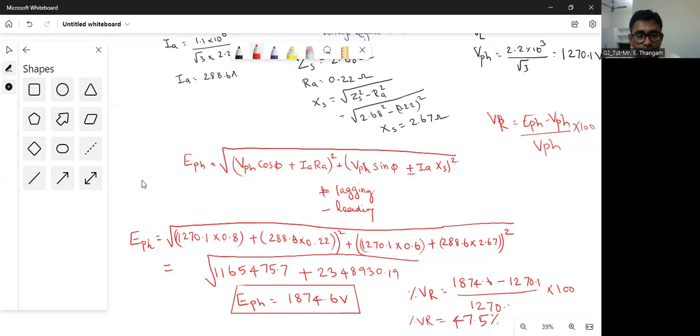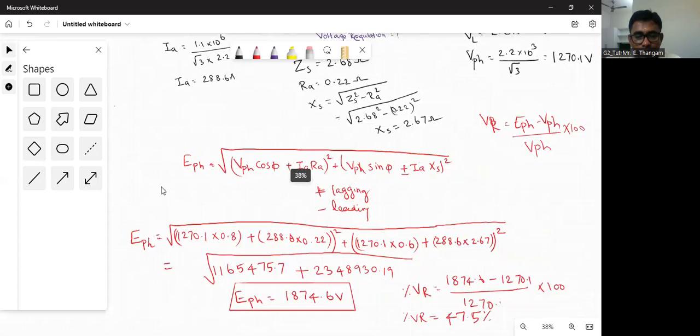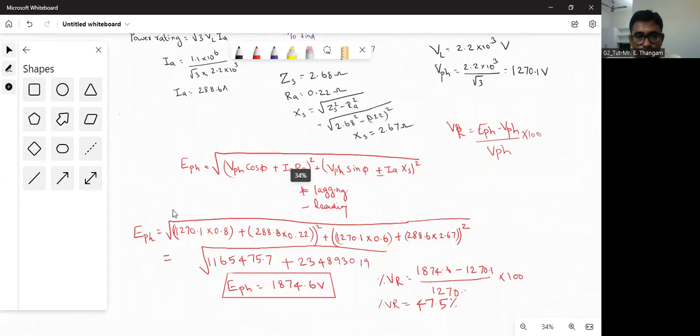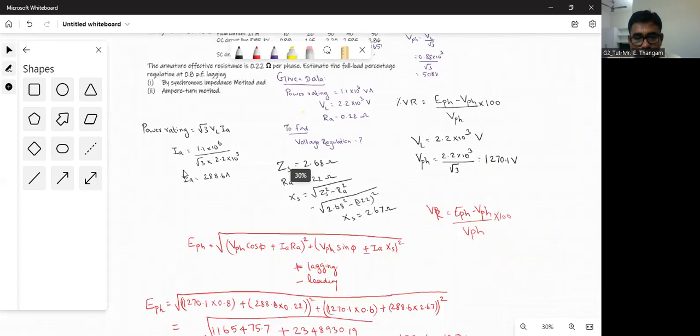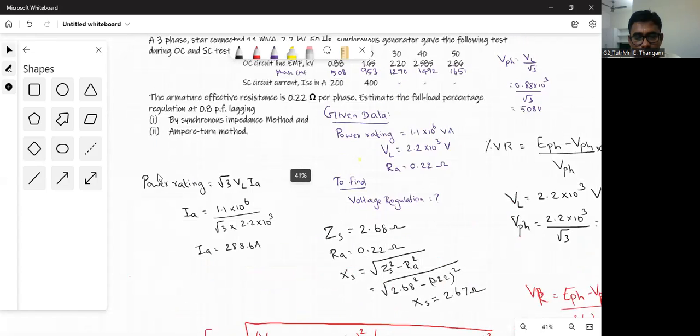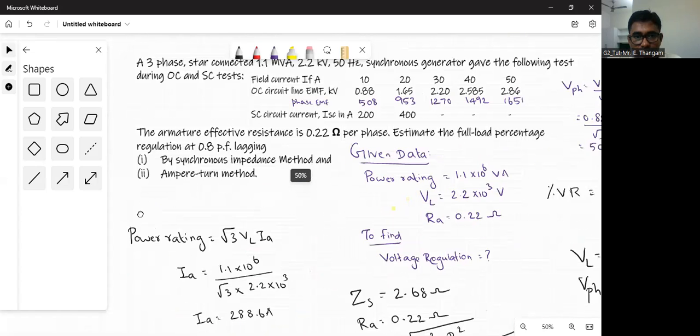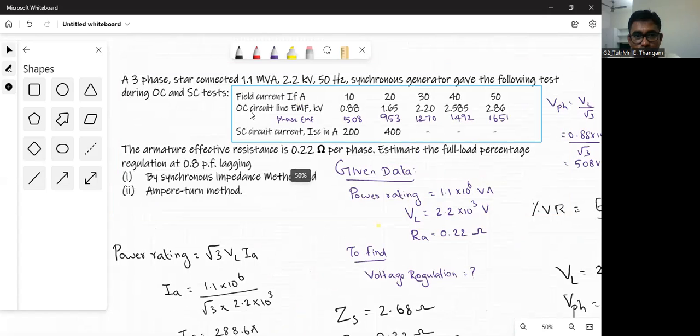Okay, so I repeat, you just listen. Read the problem carefully. The open circuit test data and short circuit test data are given: short circuit test data is current versus IF, open circuit test data is voltage versus IF, right?